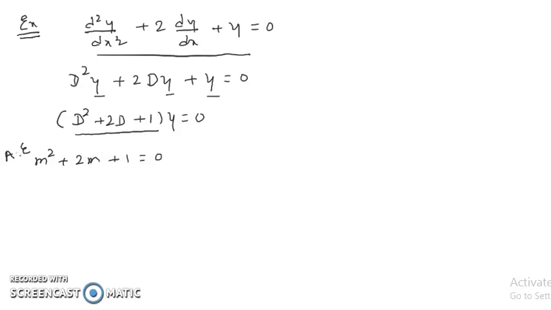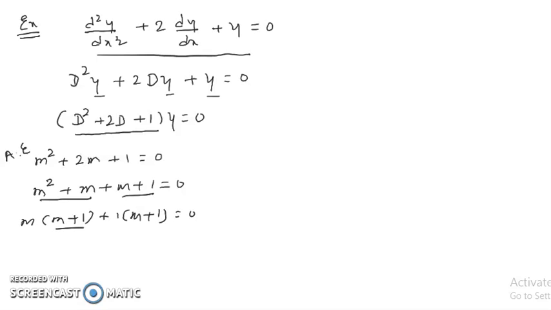Again, I have to find the roots or factors. So m square plus m plus m plus 1 is equal to 0. From the first two terms I can take m common, so I get m into m plus 1, and from the last two terms I take 1 common and get again m plus 1. Since m plus 1 is common, if I take it out, m plus 1 remains.